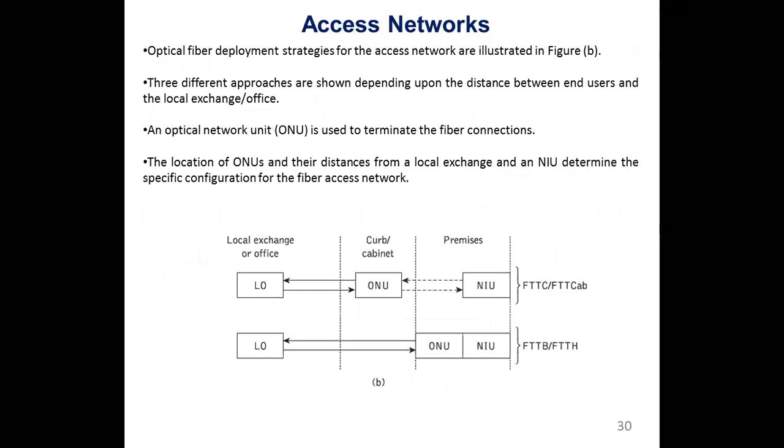The fiber deployment strategies are depicted in the diagram. Three approaches are shown, and this will depend on the distance between end users. You have the ONU, optical network unit, which is used to terminate the fiber connections. The location of the ONU and the distances from the local exchange and NIU will determine the specific configuration of the access network.